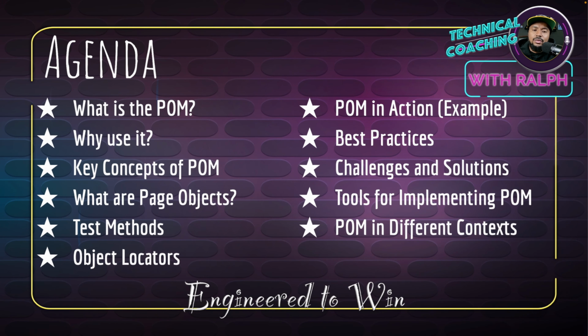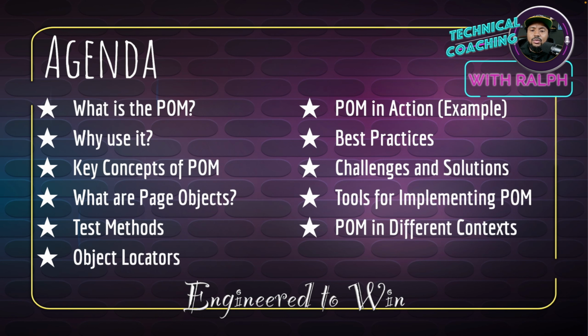All right, so what is our agenda for today? We are going to be going over what is the page object model, the reason that we use it, what are the key concepts of using the page object model, what exactly are page objects. We're going to talk about test methods, object locators. Then we're going to see two examples of the page object model in action.